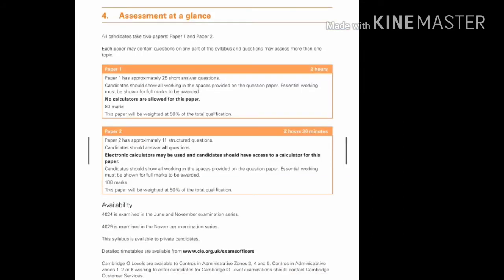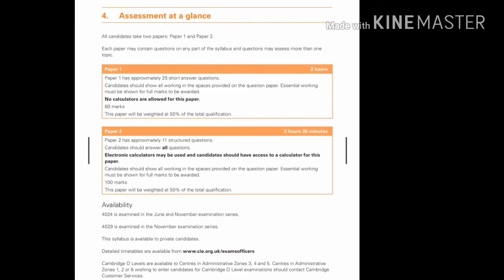The assessment includes two papers, paper 1 and paper 2. Paper 1 consists of 80 marks, comprising 25 short questions. In this paper 1, scientific calculators are not allowed. Paper 2 includes 11 structured questions.